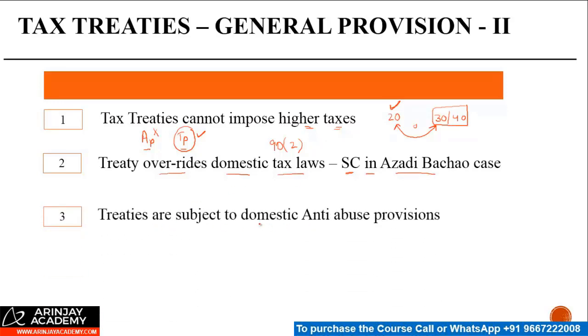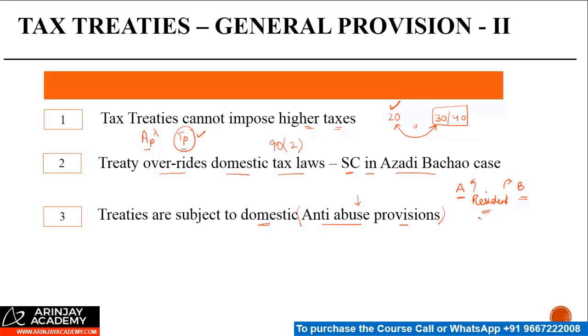Treaties are subject to domestic anti-abuse provisions. Now, what is an anti-abuse provision? You all understand the meaning of the word abuse, right? A treaty between two countries, let's say for example A and B, is meant to give benefits to assessees who are residents of these two countries.